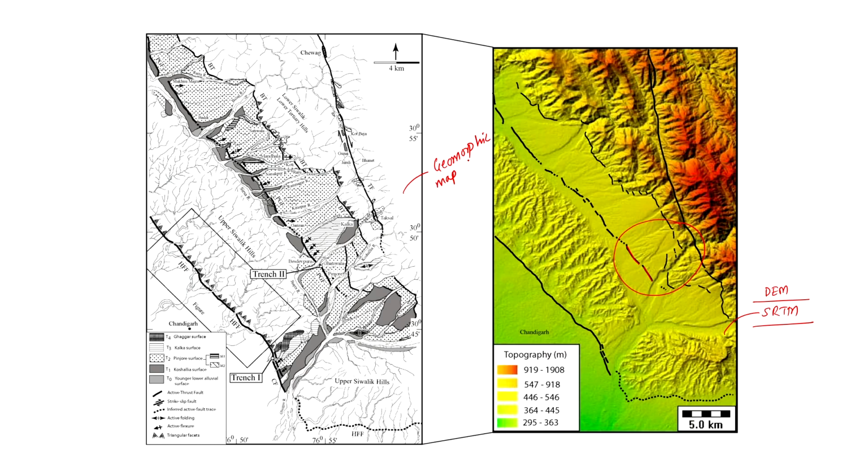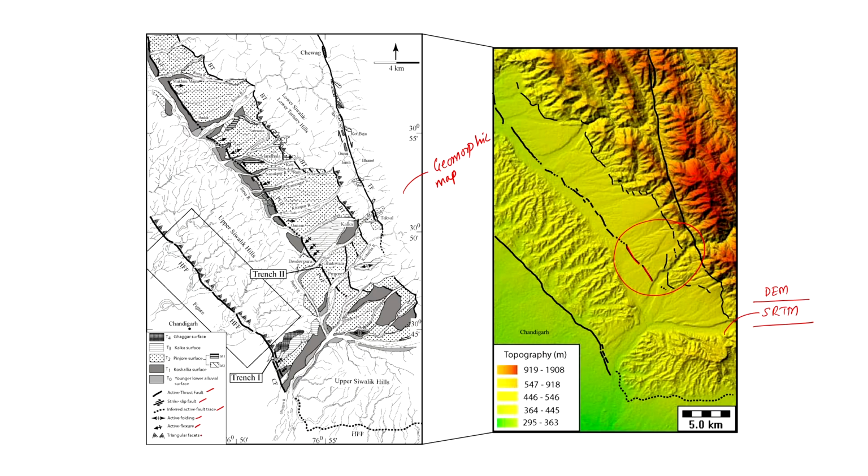And since this geomorphic map also includes the landforms or the features which talk about the active flexuring, okay, then active folding, strike slip faults, active thrust faults, okay, inferred thrust faults and all that, okay.